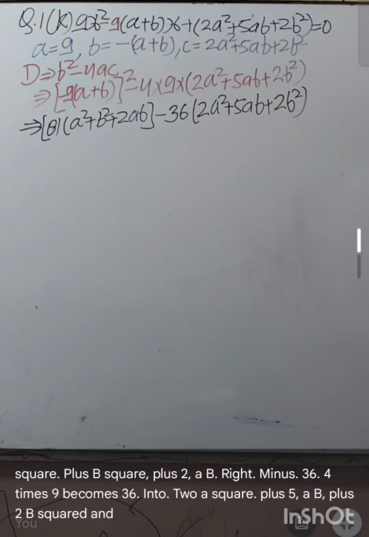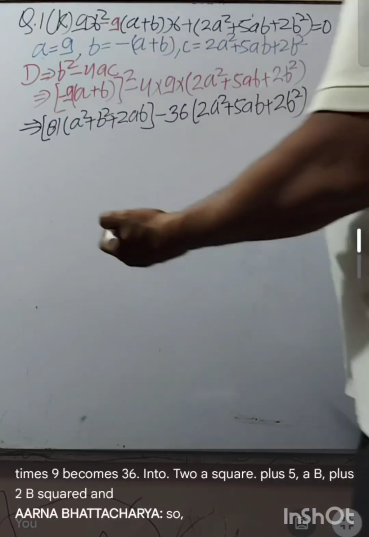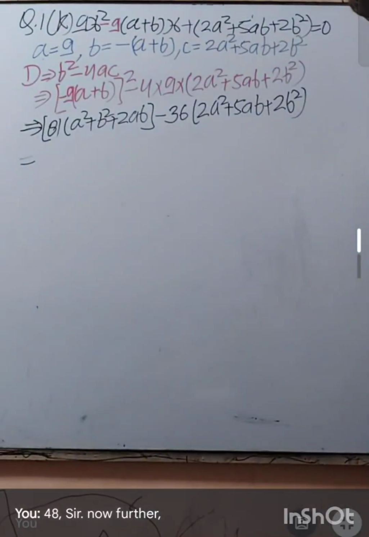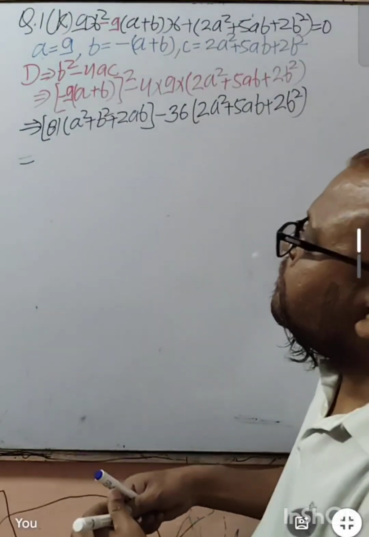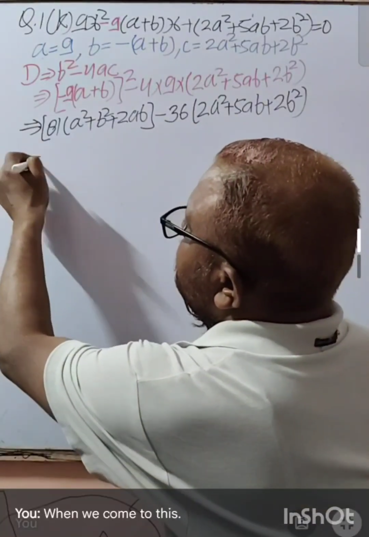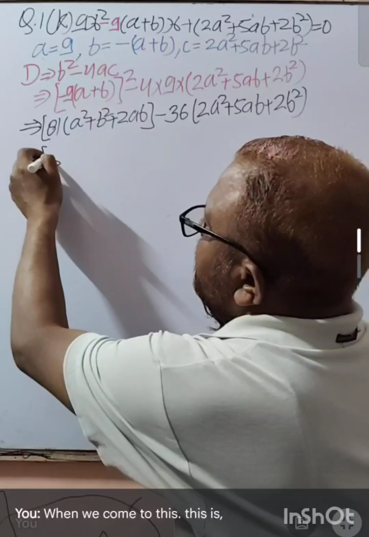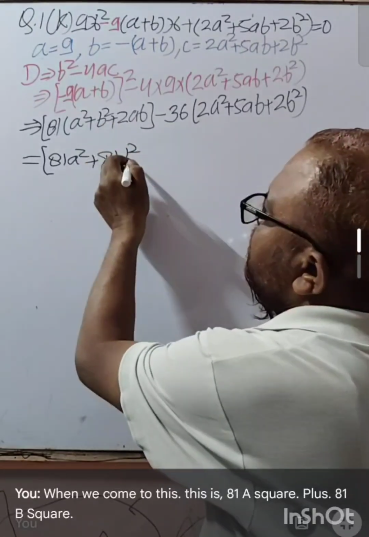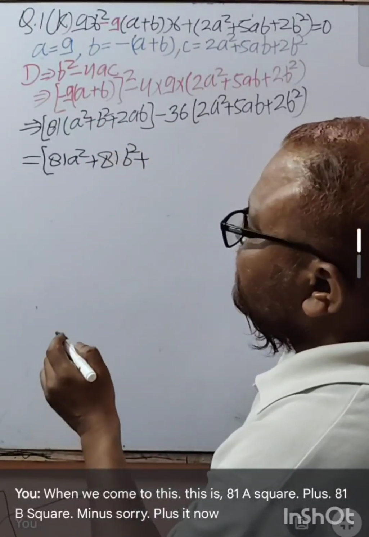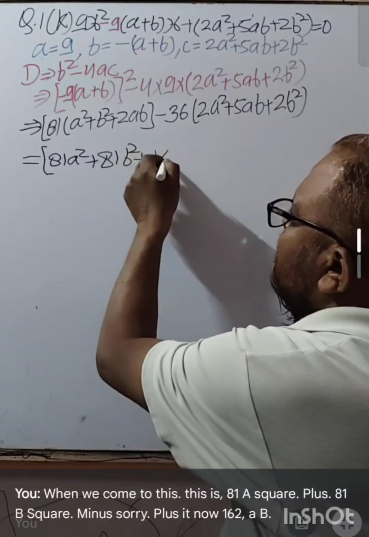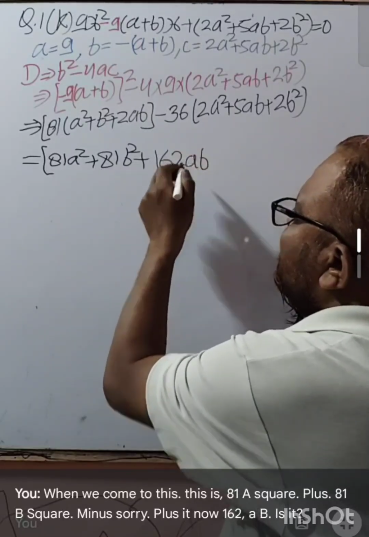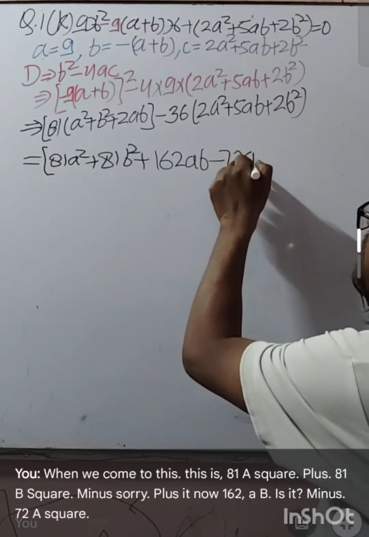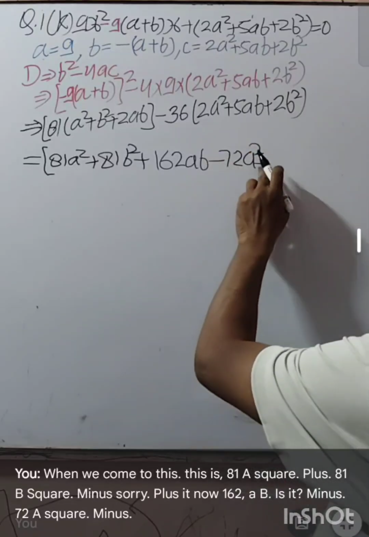Done? Yes, sir. Now further, when we come to this, it is 81a square plus 81b square plus 162ab, is it? Minus 72a square minus how much?